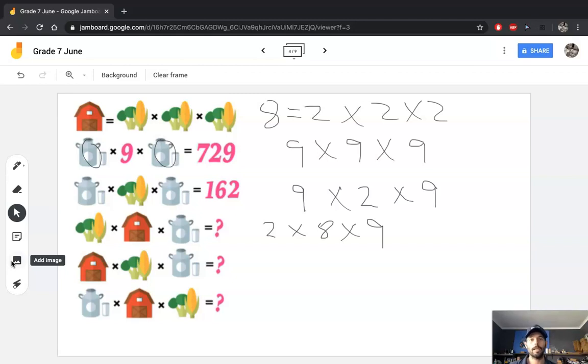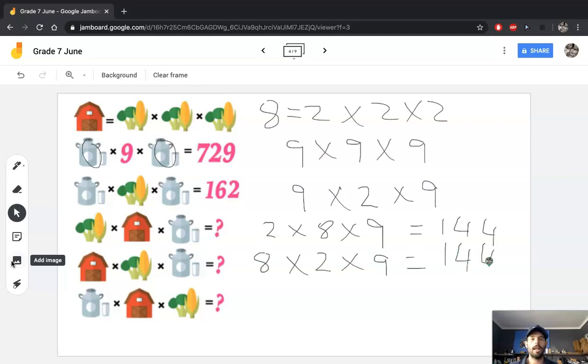So 2 times 8 is 16, and then 16 times 9 will be the same as 9 times 8, 72. 72 times 2 is 144. Or you could go 9 times 2 is 18, and 18 times 8 remains 144. And you'll see now that the next 2 questions are just a different order, but it still equals 144.